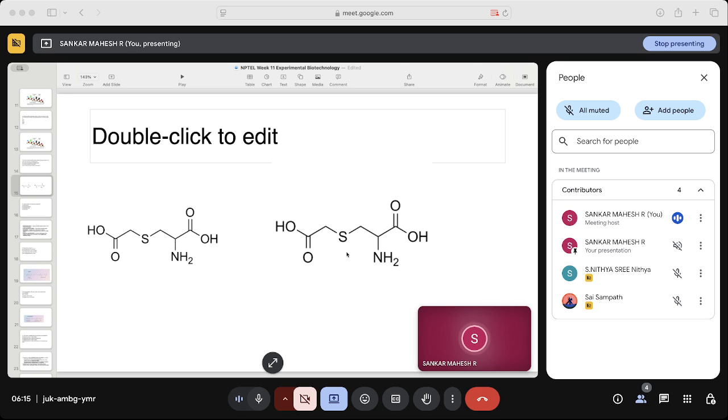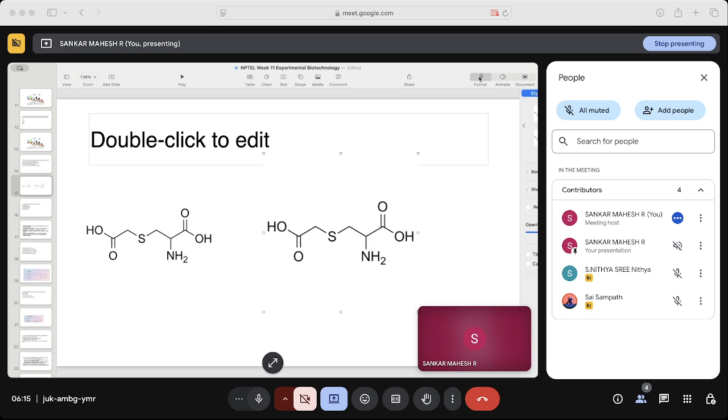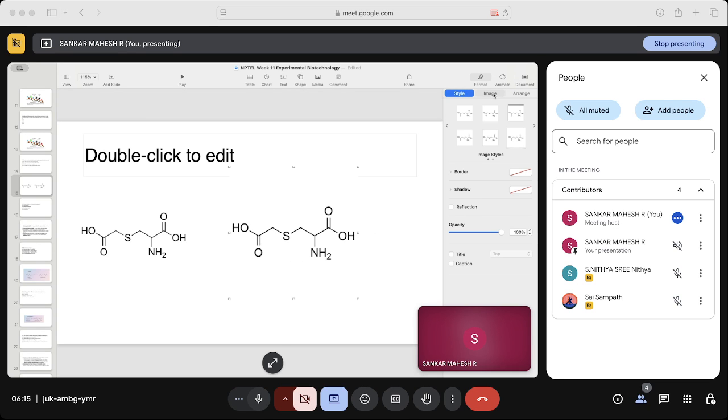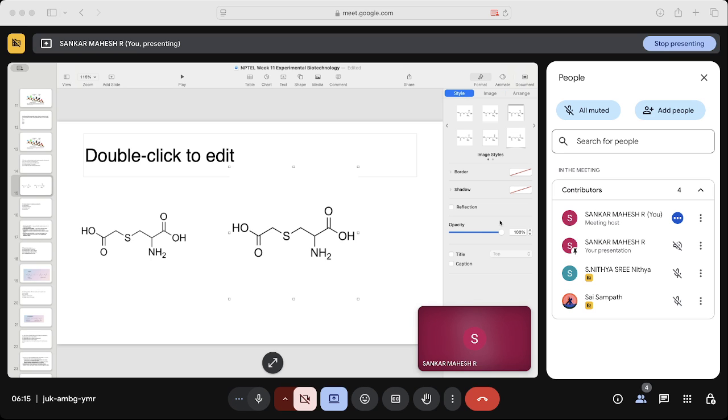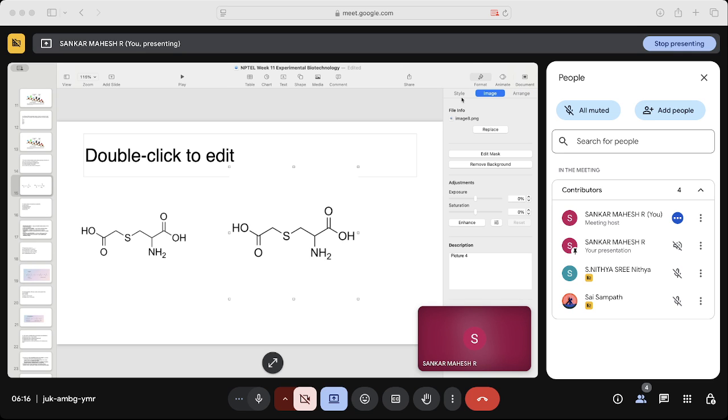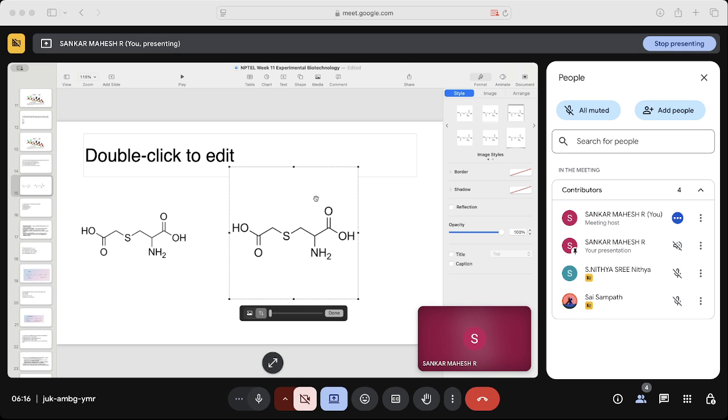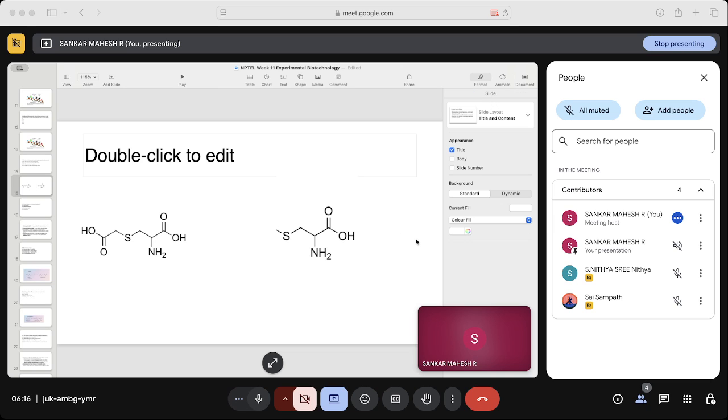So usually in cysteine, what you have is, give me a minute, I'll help you understand it. Okay, let's say. So usually in cysteine, you have an SH group. But in carboxymethyl cysteine, you have a CH2 and then COOH.